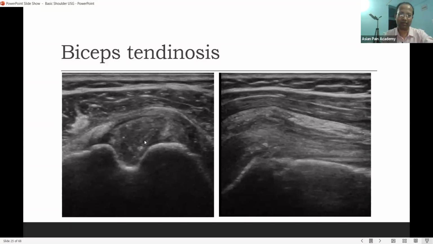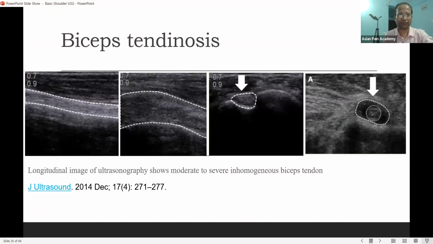So it has become a bit hypoechoic. So this is a hypoechoic tendon. That's why biceps tendinosis. Here, of course, the complete tendon cannot be understood that much, but in this same picture, this is the hypoechoic biceps tendon. So this is called biceps tendinosis.